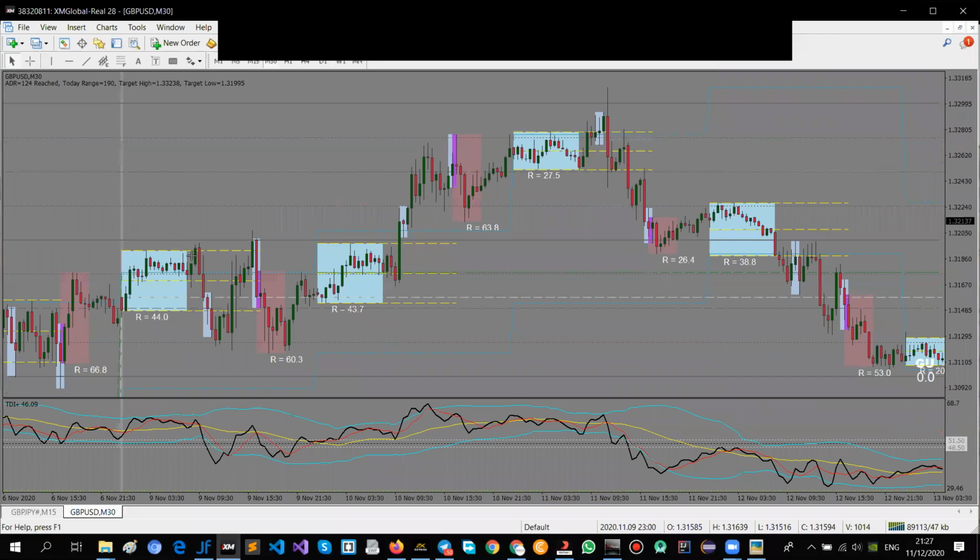Everyone who uses MT4 is familiar with this tool that we use to count pips, to locate price and check the time and dates. It is by this tool that you calculate the average daily range.